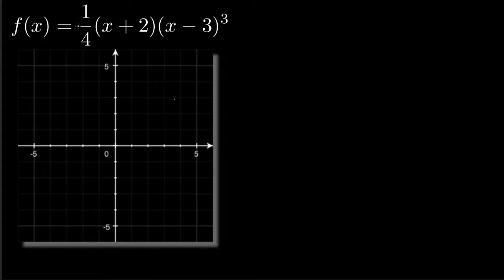The third example, the x term is being replaced by 1/4, but we're still going to use the same process. Now the roots are at x equals negative 2, and x equals positive 3, but the root at the origin disappears.